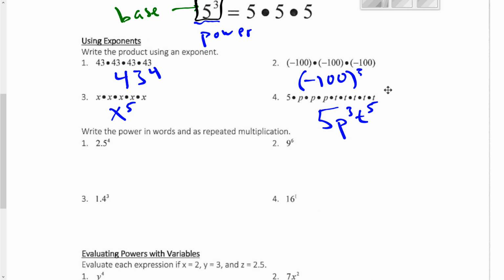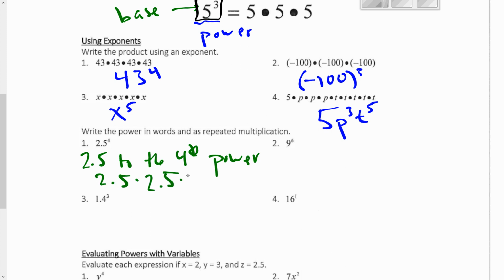The next section tells us to write the power in words and as repeated multiplication. So the first one is 2.5 to the fourth power. To write that in words, we're literally just going to write 2.5 to the fourth power. Then to write that as repeated multiplication, we're making it look like it looked in the first section. So that's 2.5 times 2.5 times 2.5 times 2.5.